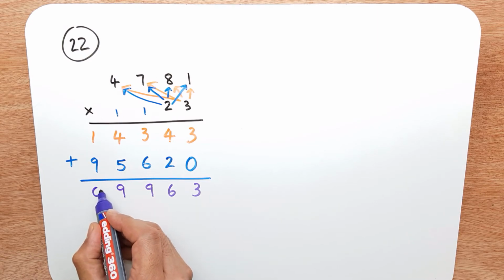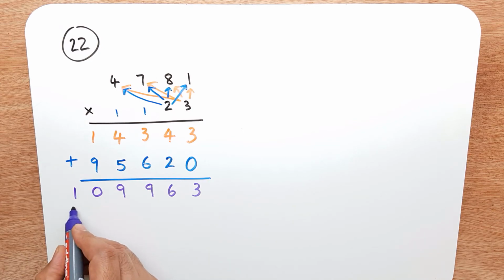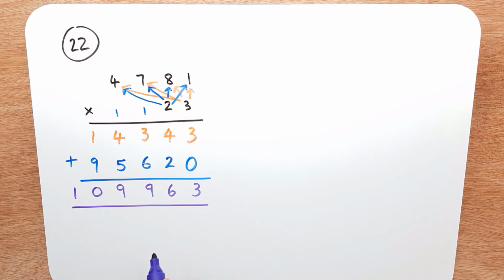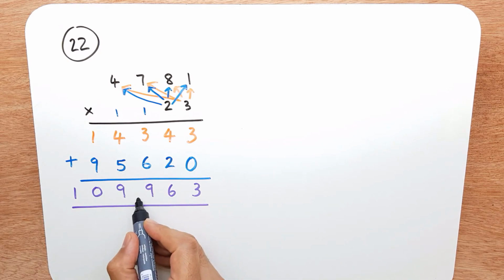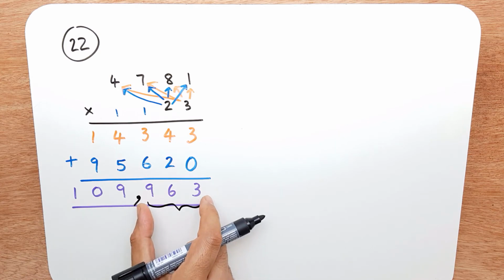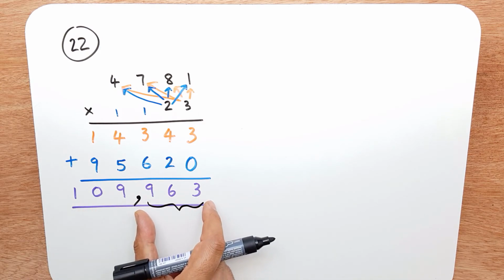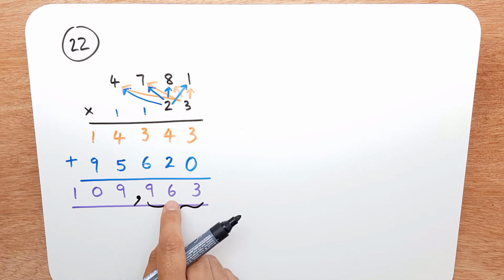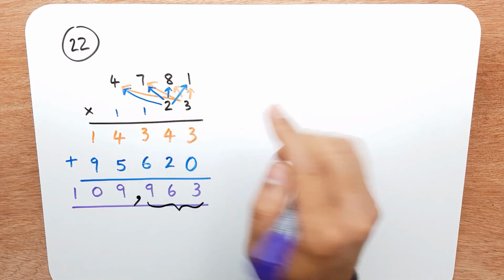So we put the 0 in this column and carry the 1 over because there's nothing else to do. Now this is our number. As before, 1, 2, 3, comma. So now this here is our thousands. So it's 109,963.